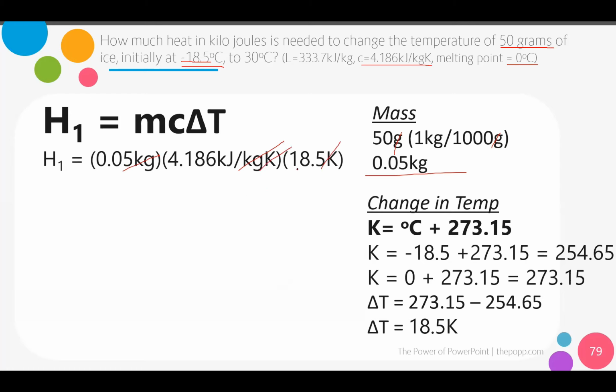Then multiply, and that is equal to 3.87205 kilojoules. And that is the heat absorbed of the ice from its initial temperature, negative 18.5, up to the temperature of its melting point, which is 0 degrees Celsius.